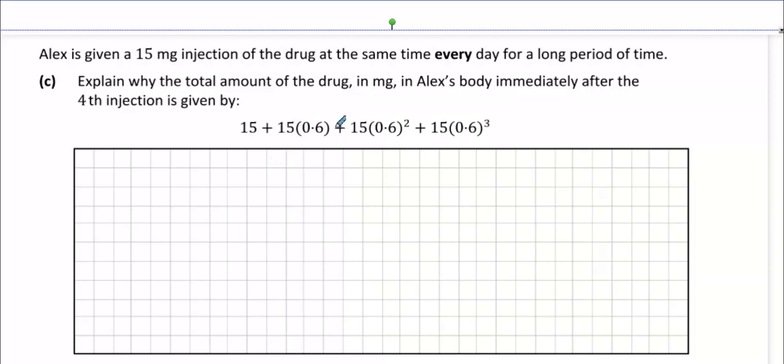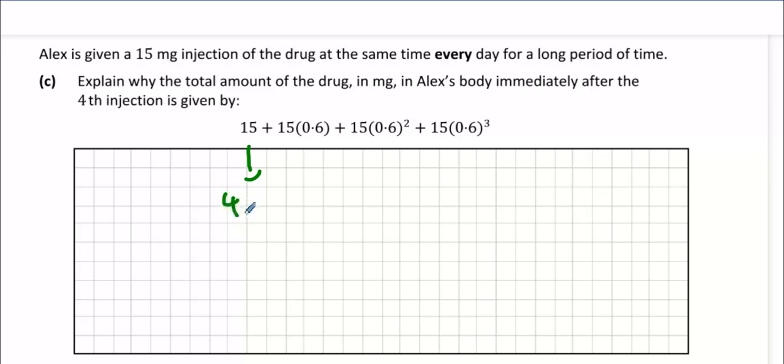I'm actually on part C, which is here. This makes sense all of a sudden, because Alex is given a 15 milligram injection of the drug at the same time every day for a long period of time. Explain what the total amount of drug in milligrams in Alex's body after the fourth injection is given by. So the way I'm explaining this is that this is the fourth injection, and it's had no time to be absorbed by the body. This is the third injection, and it has lost 40%, so that's why it's multiplied by 0.6.